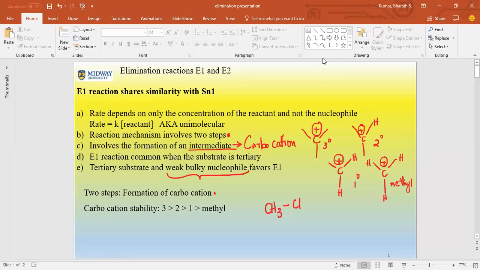Typically, a bulky nucleophile favors elimination. If it's a tertiary substrate and a weak, bulky nucleophile, it favors E1. If it's a tertiary substrate and a strong, bulky nucleophile, it favors E2. Again, I will summarize all this in my flow chart, but it's a good thing we talk about those in the context as we discuss these things.